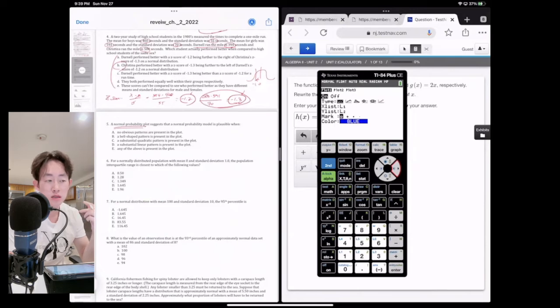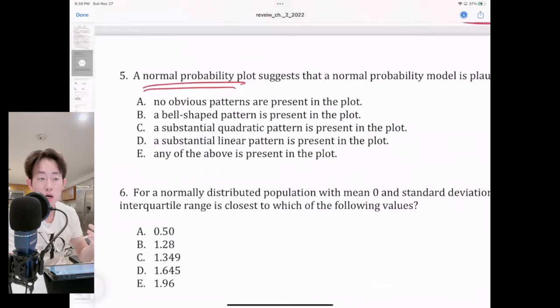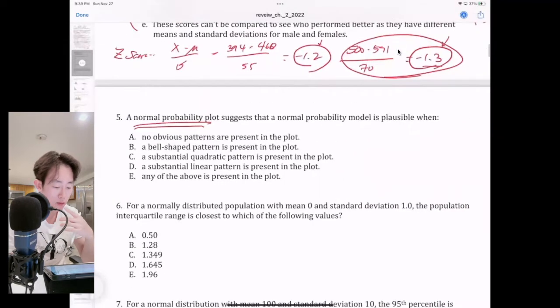So as long as you see a linear shape for a normal probability plot, you have what we call a normal distribution. Anything other than those two will be considered not normally distributed, basically.